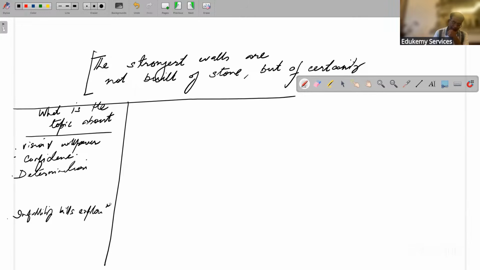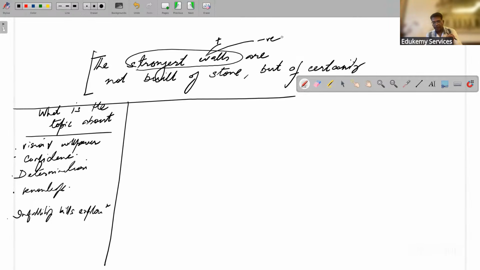Abhiroop says it is about knowledge. यहाँ पर जो wall है, the strongest walls, okay, this strongest wall is in positive sense or in the negative sense? पहले ये बताओ. And continuity brings expertise.